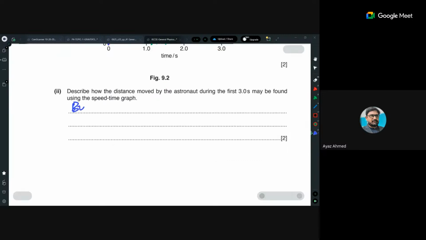Isn't it? I didn't understand the distribution of marks in this question. I mean, how would the examiner give 2 marks? Area under graph. It is till 3 seconds.